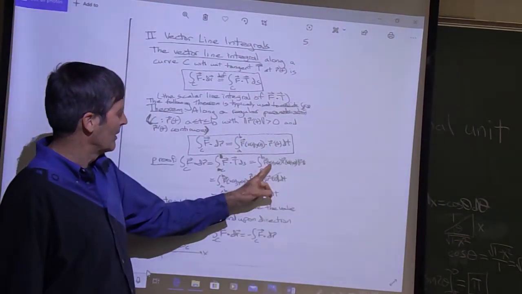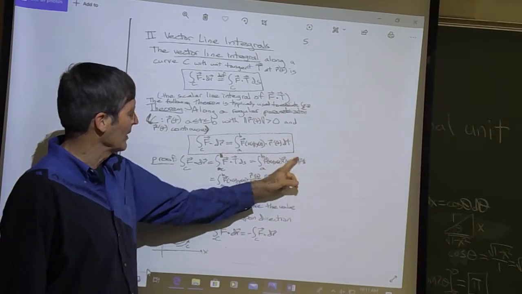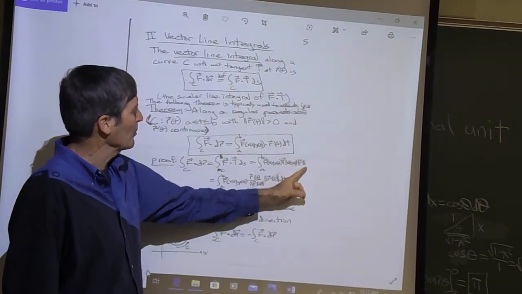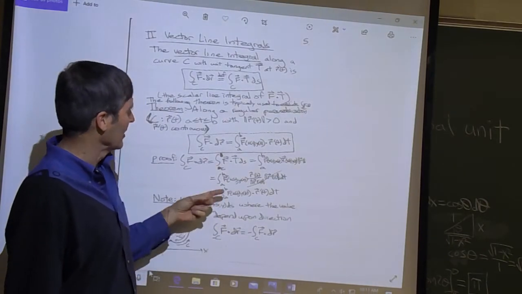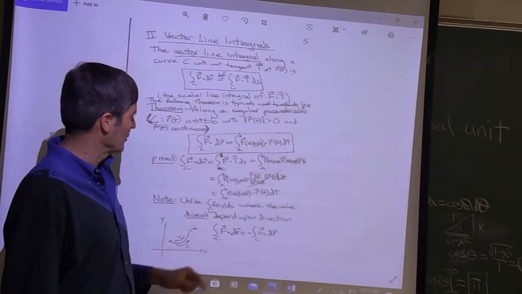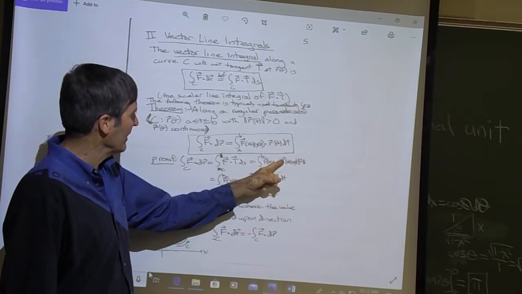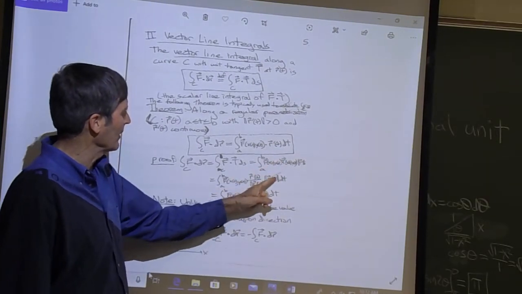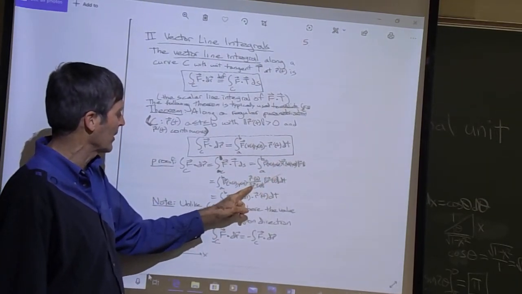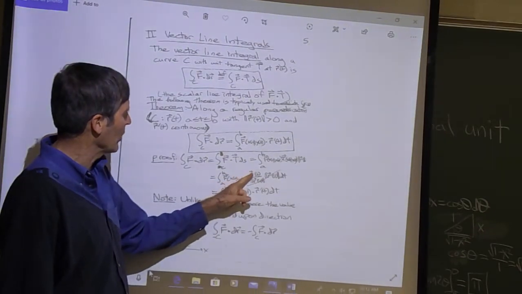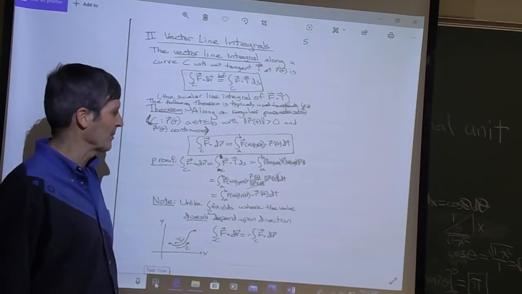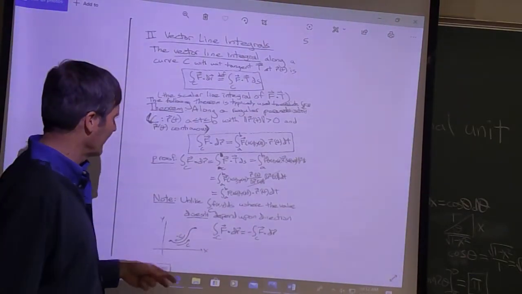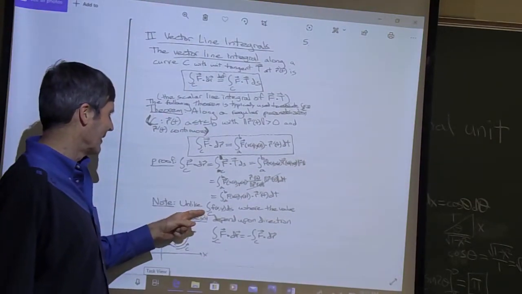So it's the integral of the integrand f dot t, r prime dt, which is the ds by the theorem for scalar line integrals. But now t is r prime over r, and the length of r prime here cancels the length of r prime here, and you get f dot r prime dt. That's the theorem. So it's a very easy theorem, and it gives you a little feeling for why this works.